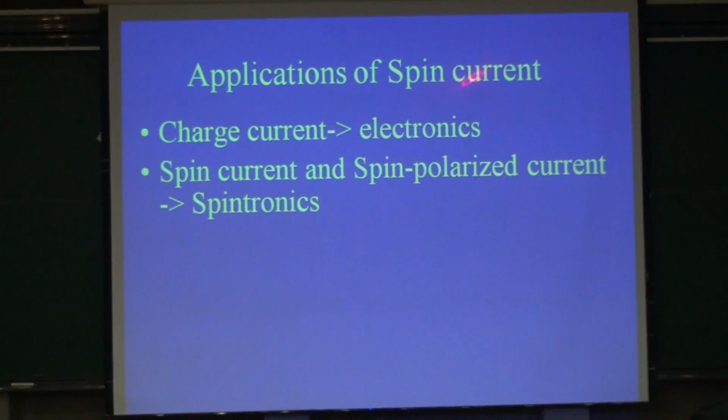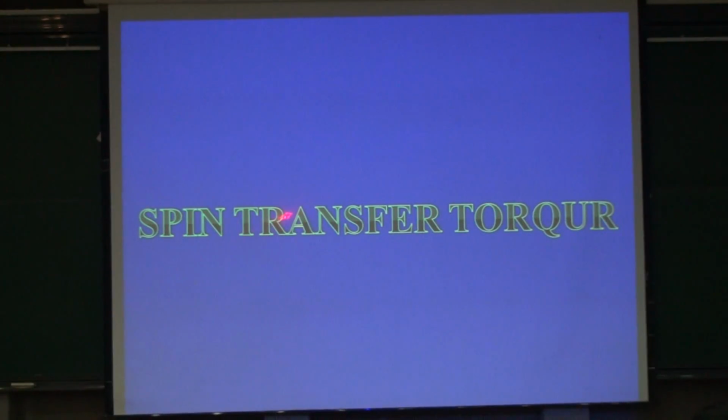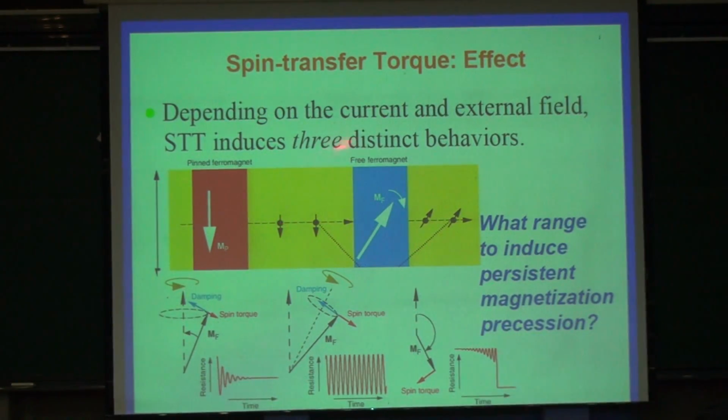Okay, the applications of spin current are spin-polarized current and spintronics. I think I mentioned this, spin transfer torque, but I want to add one more point. When you apply a field on a magnetic material, because of relaxation, the magnetization will always relax to the field direction.